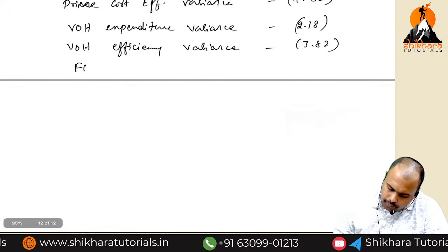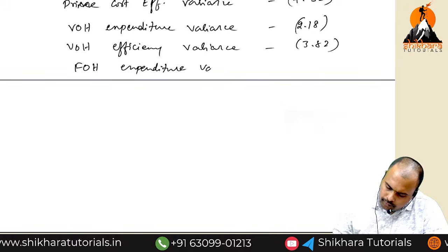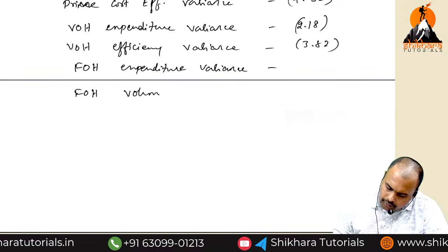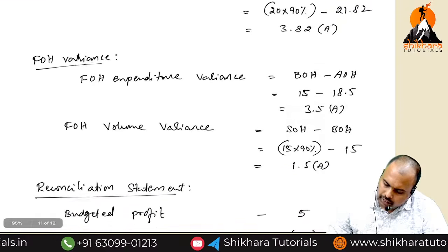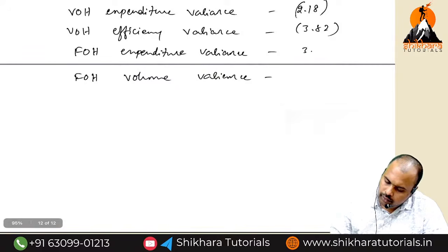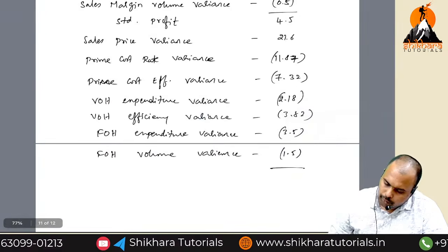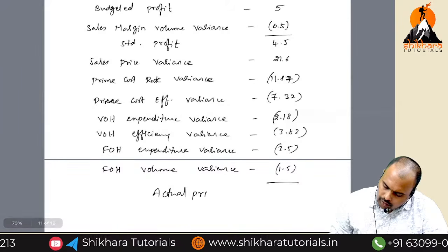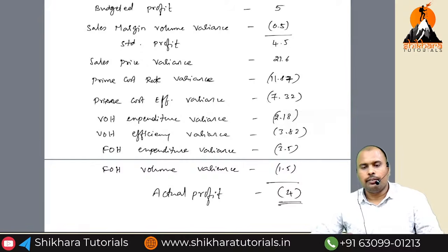Next, fixed overhead expenditure variance and fixed overhead volume variance. How much is fixed overhead expenditure? 3.5, and volume is 1.5. 3.5 adverse, 1.5 adverse. Total has to be actual profit. Adjust it. Actual profit has to be 4. Check whether it is tallying or not.